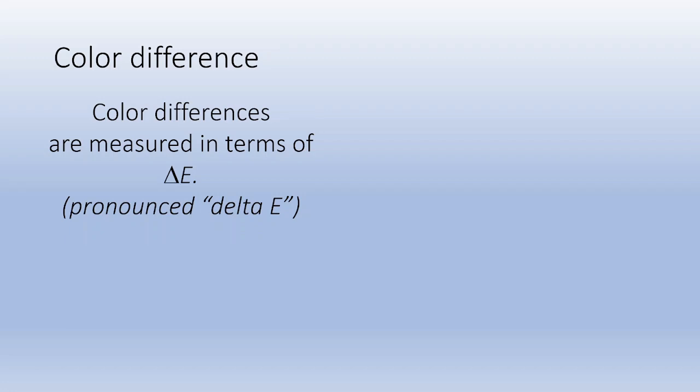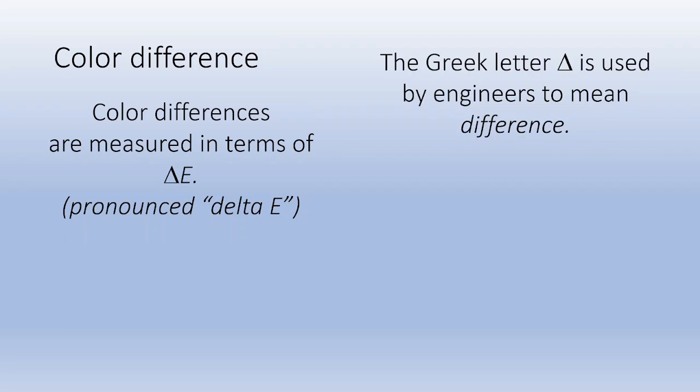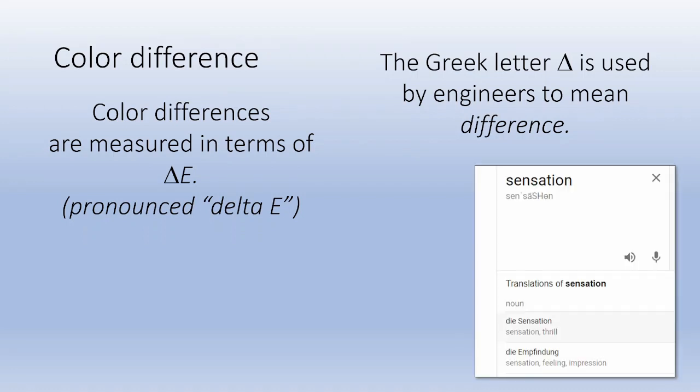It's pronounced delta E. Delta is the Greek letter, corresponds to D, and it's used by engineers to refer to a difference, hence color difference. And where did the capital E come from? Well, the word sensation in German is die Empfindung. And I have no idea whether I'm pronouncing that correctly. I probably am pronouncing it wrong, but the word is sensation, feeling, or impression.